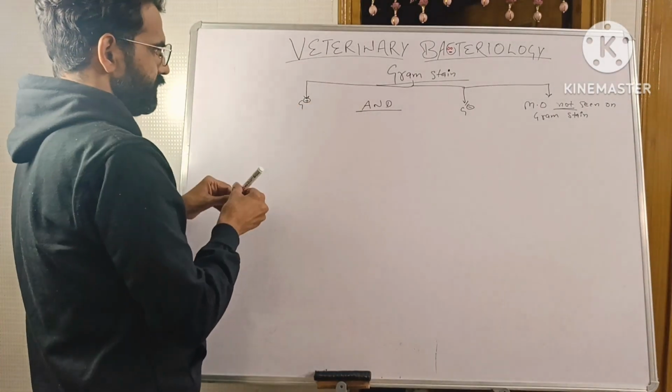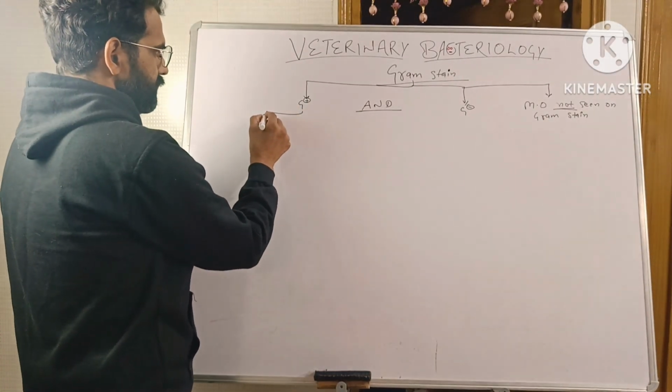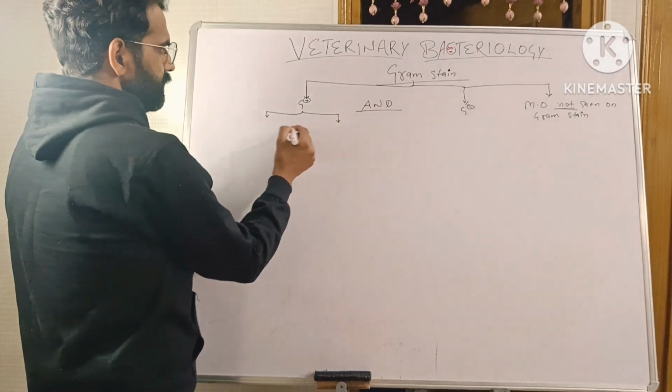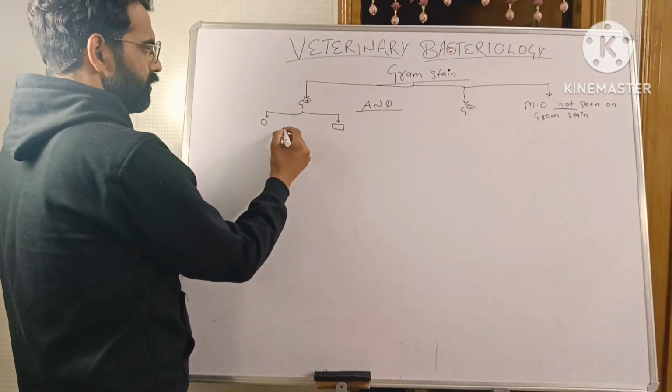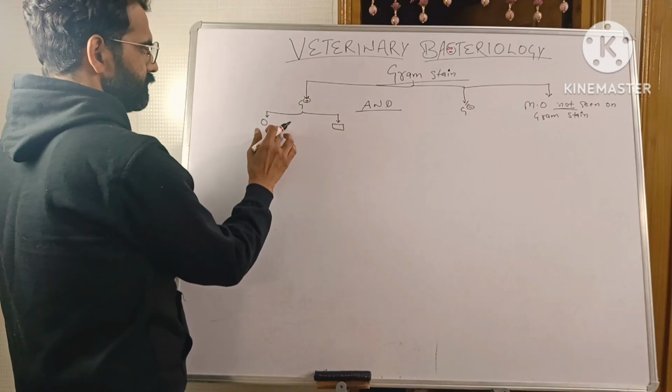These gram positive bacteria may be spherical or rod shape or a mixture of the two.